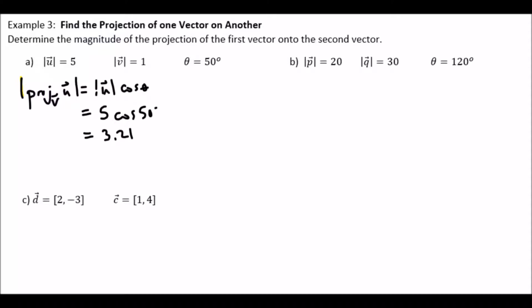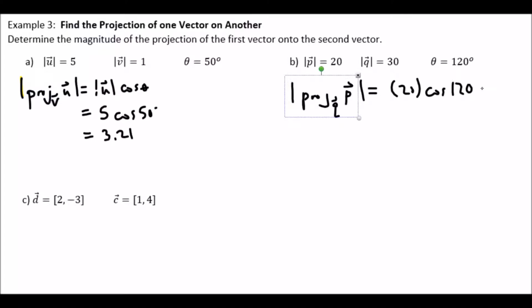This one here, I want the projection of P onto Q, so here the magnitude of projection of vector P onto vector Q is equal to the magnitude of P, negative cos of 120.